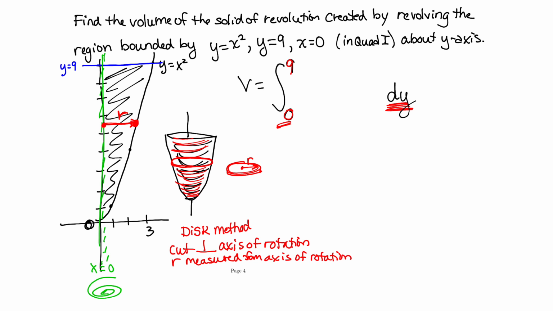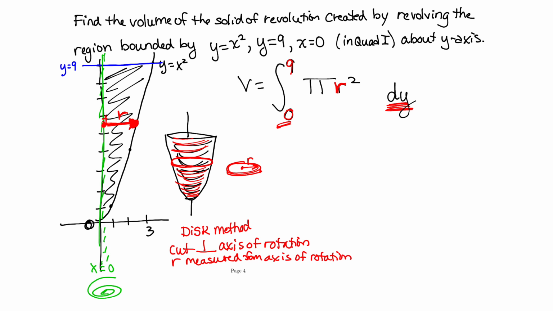So, your radius right here is going perpendicular to the y-axis, and so it's this distance here, which is the right side.